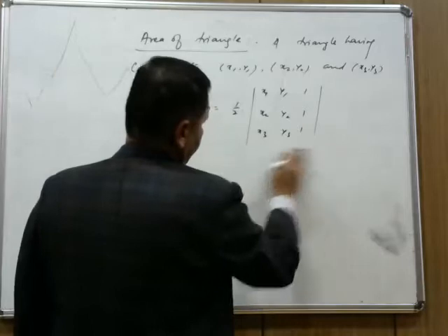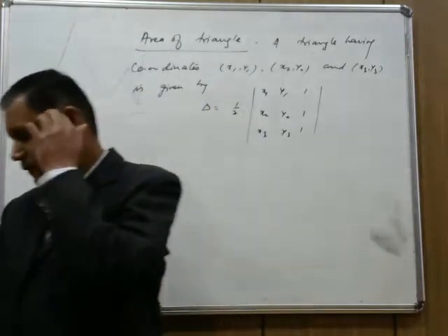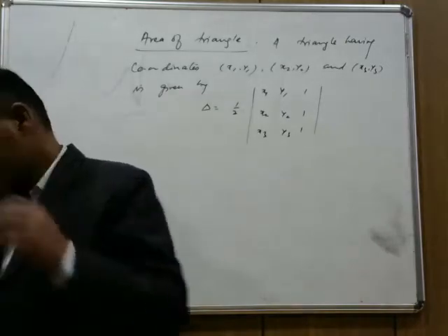This is the area of the triangle. That means using determinants we can find out the area of triangles.